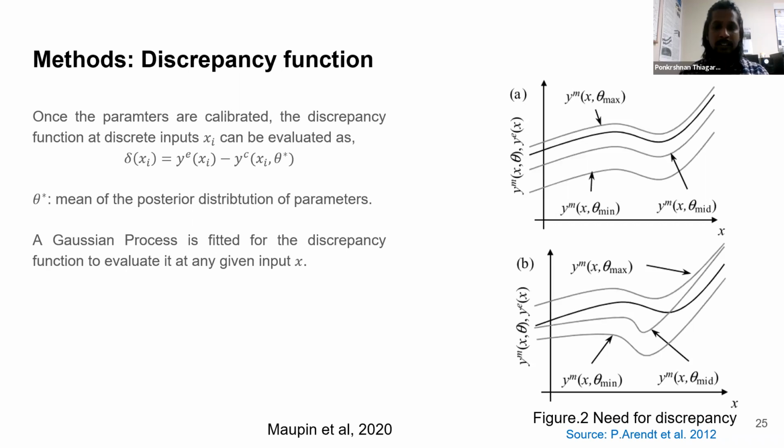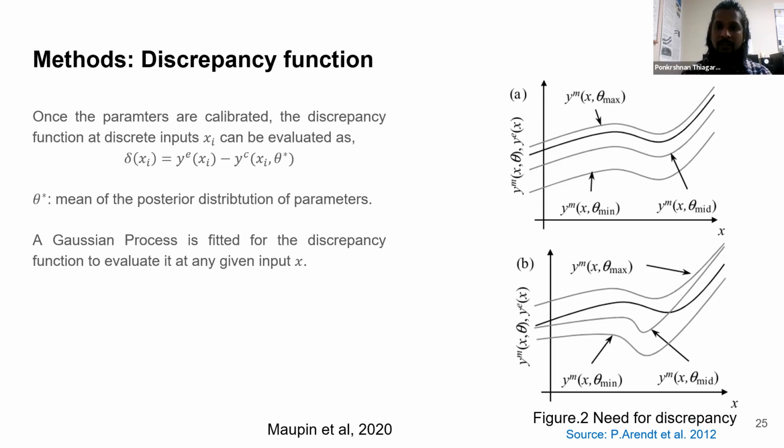Now, the need for a discrepancy function is depicted in the slide. As you can see on the right-hand side, in figure A, the dark line corresponds to the experimental response and the gray lines correspond to the mathematical simulation response.